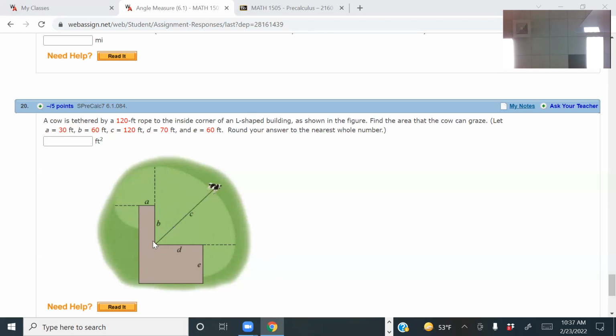This would be the portion where the rope is vertical in this picture and the cow has the rope taut, so the cow is at the furthest distance, or where the rope is horizontal, and again the cow is at the furthest distance. So that would be the boundaries for this portion that the cow can graze. We're interested in the area of this piece between the dotted lines.